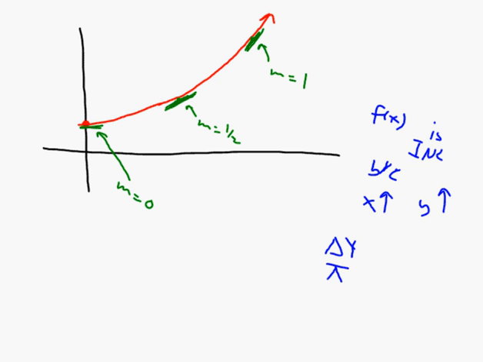So delta y over delta x is positive. Well, if I'm saying y goes up over x goes up, that would definitely equal a positive number. So you could say a function is increasing when its slope is positive, even if the slopes aren't always the same. Okay, so this slope is 1/2 and that slope is 1.